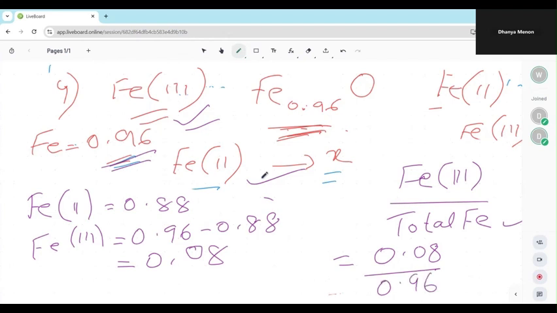It's given in the question. So it comes to 1 by 12. This is our answer. So the fraction is 1 by 12. You must have seen this in the options if you have taken the screenshot. Okay. So this is our answer.